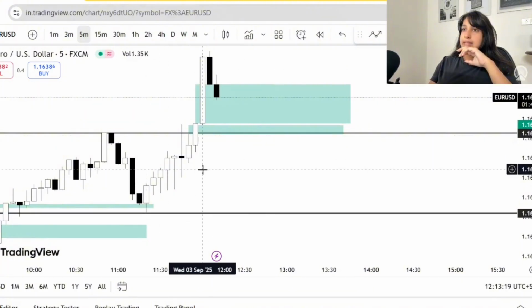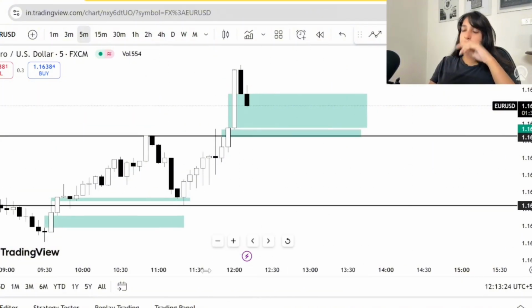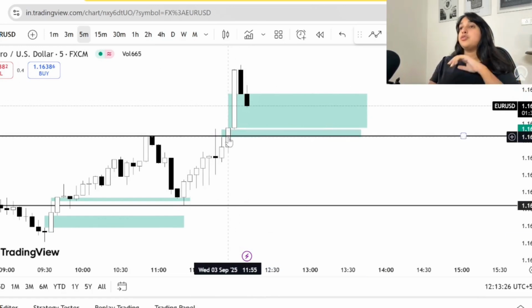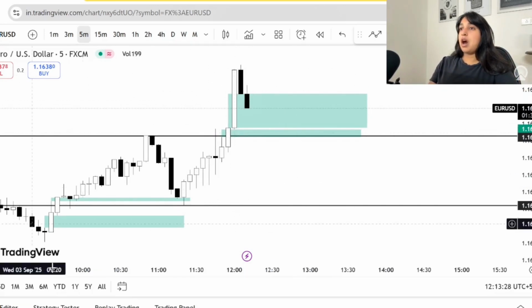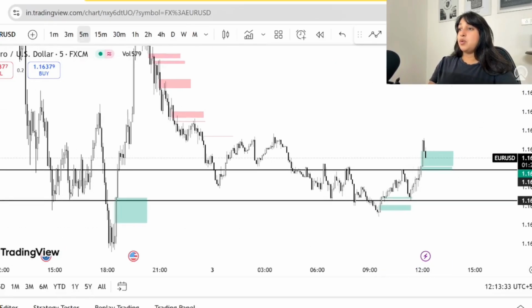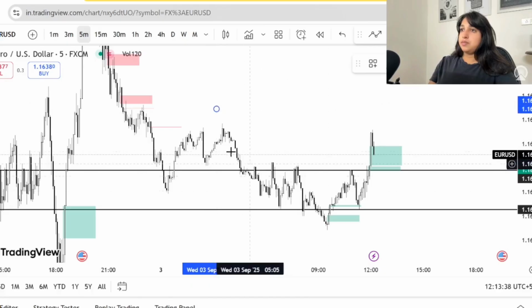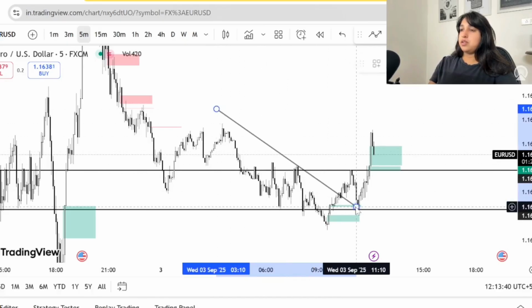We broke the highs, and then we are having so much bullish momentum right now, and we also formed a bullish FVG, which is half filled right now. Okay, as you remember what I told you the day before yesterday, there was a trend line liquidity right over here.